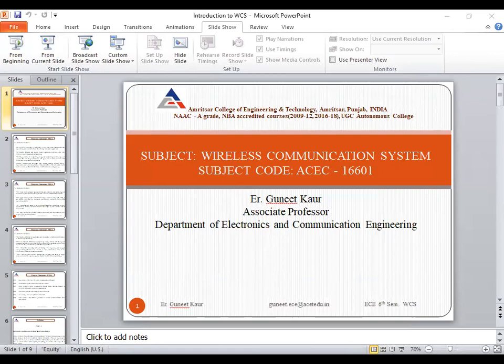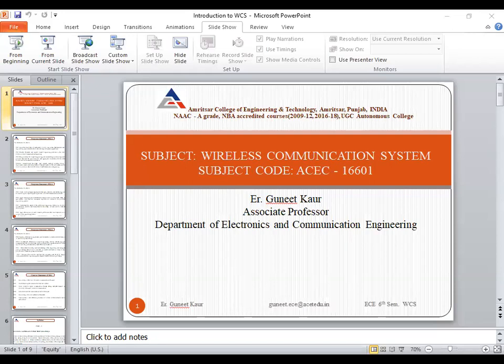The third program outcome is design solutions. We have to design solutions for complex engineering problems and design system components or processes that meet the specified needs with appropriate consideration for the cultural, societal, and environmental considerations.